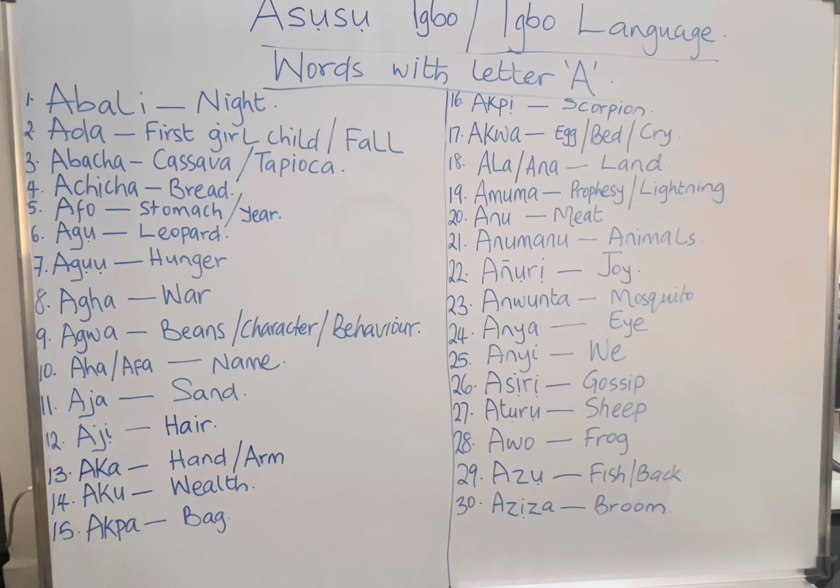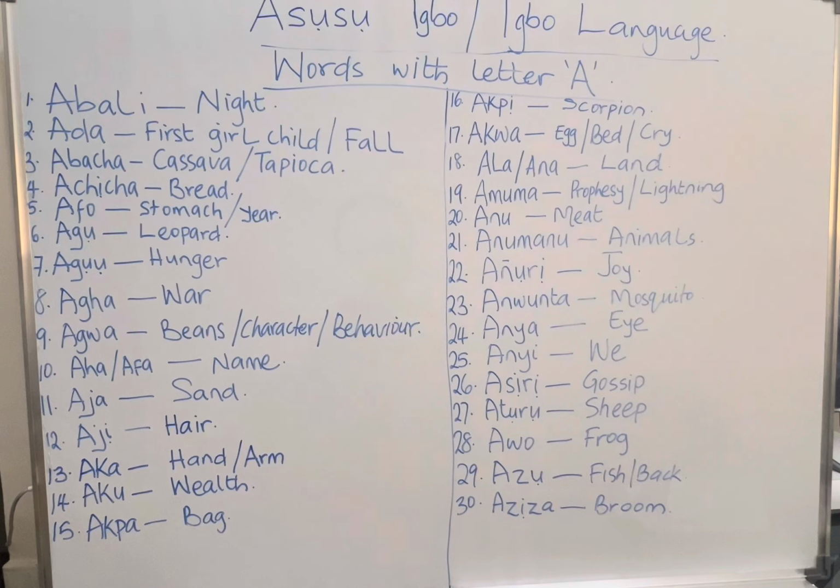In the same number 17, you have aqua. The sound is different now. Aqua is bird. And then in the same number 17, we have aqua. Aqua is cry.